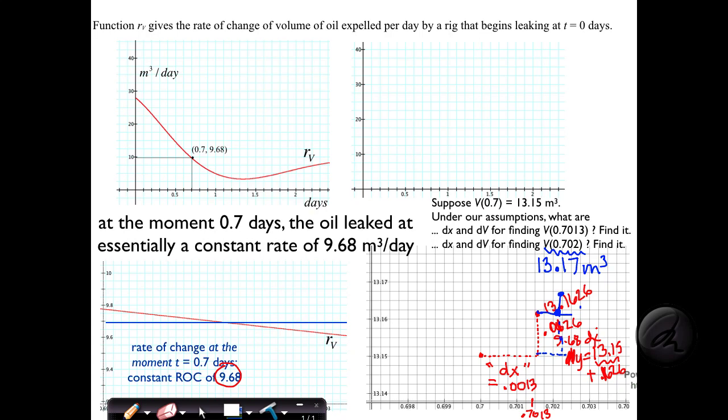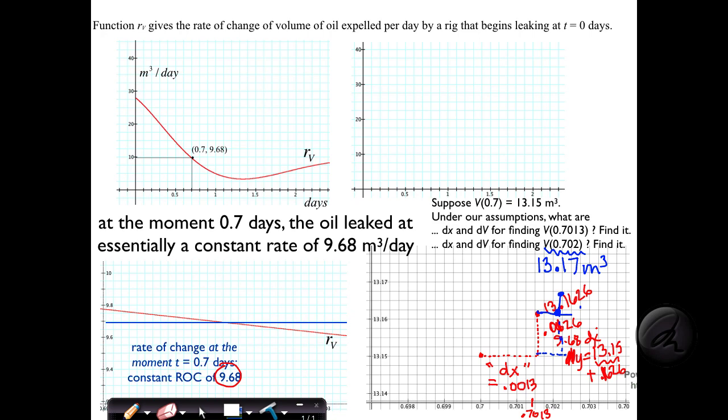I'm going to measure a rate, kind of like we did down here at time 0.7 days, but every so often I'm going to measure a rate like that and use it for a small amount of time and generate from that a pattern of increasing amount of accumulated oil in this case, or it could be something that decreases if I had negative rates in another situation.